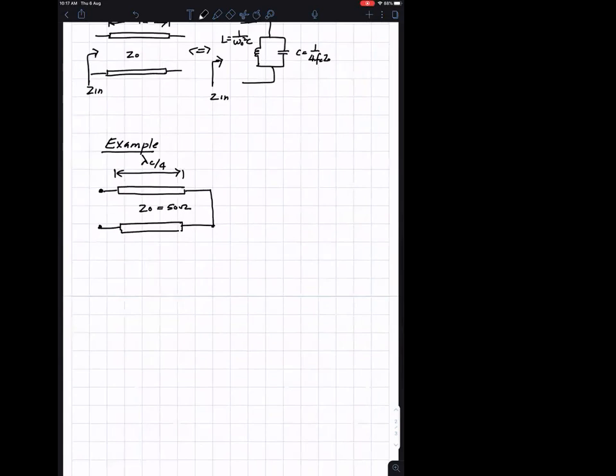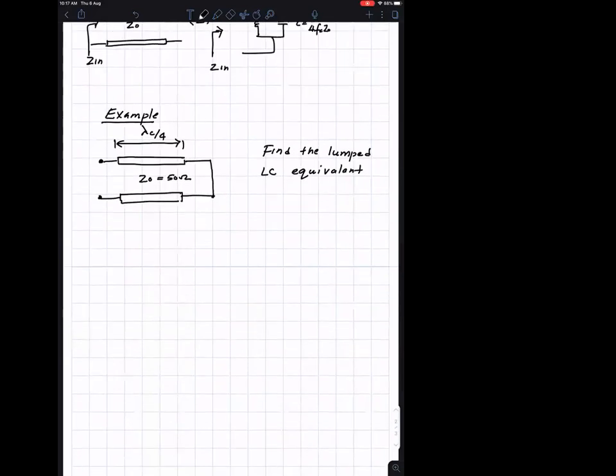Now I'm asking you to find the lumped element LC equivalent circuit at the operating frequency F0 of 1 gigahertz.